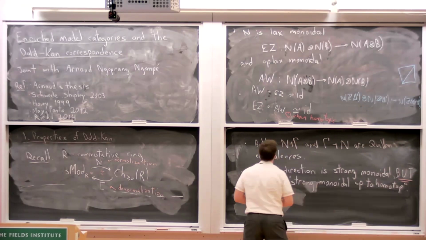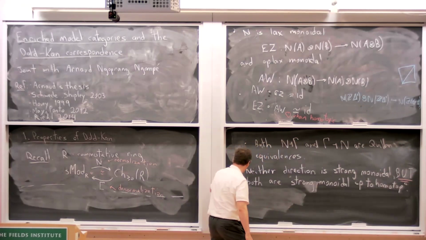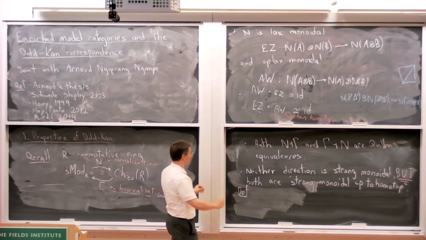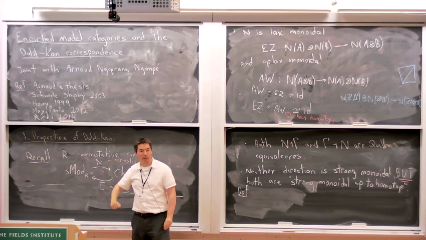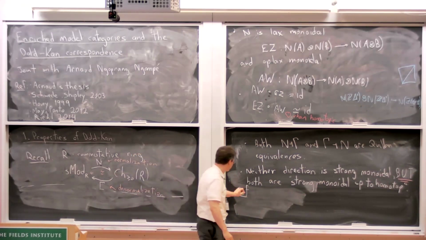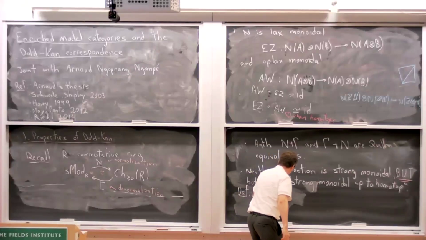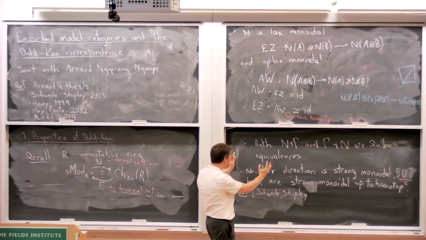More precisely, can I jam that in here? Let's give it a try. All right, this key observation of exactly the right properties that we need goes back to Schwede and Shipley, in their paper Equivalences of Monoidal Model Categories. They just pin down the ingredients that make this work.